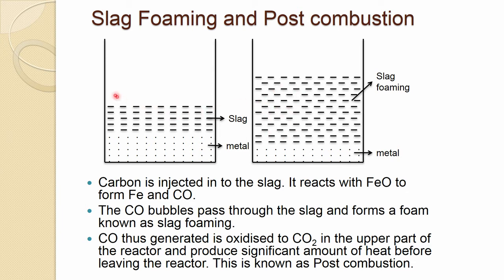So, it expands, it makes the slag a foam. So, that is called the slag foaming. So, the level of the slag rises and the metal also gets entrapped in this, as droplets. So, in one way it is insulating the metal from heat loss and other things, so it acts as an insulator, keeps the temperature. So, this phenomenon is slag foaming.